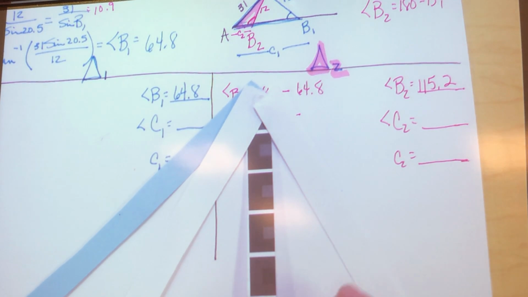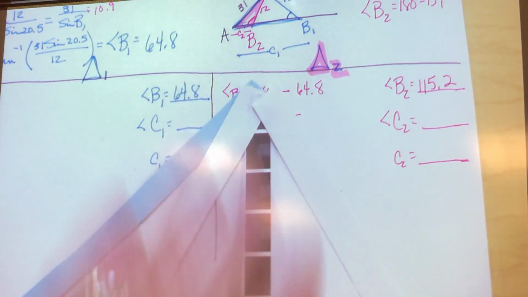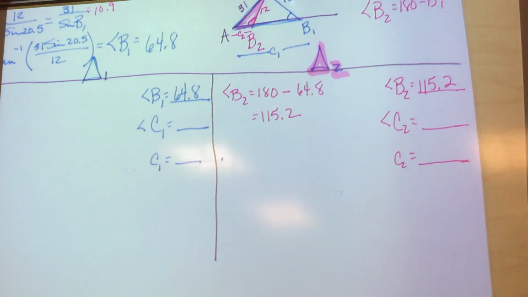So this angle is the same as this one, and these two angles right here form a linear pair. They're supplementary. So if these two are supplementary, and this is the same as this one, these two have to be supplementary. Opposite interior. So that's where that all comes from. Okay? So the sides are the same, and then it's supplementary for the angles.